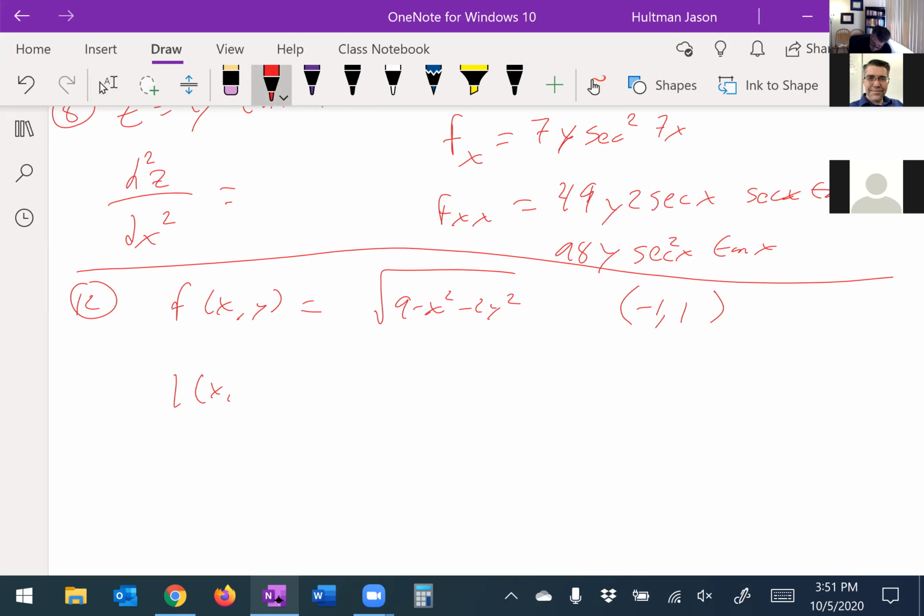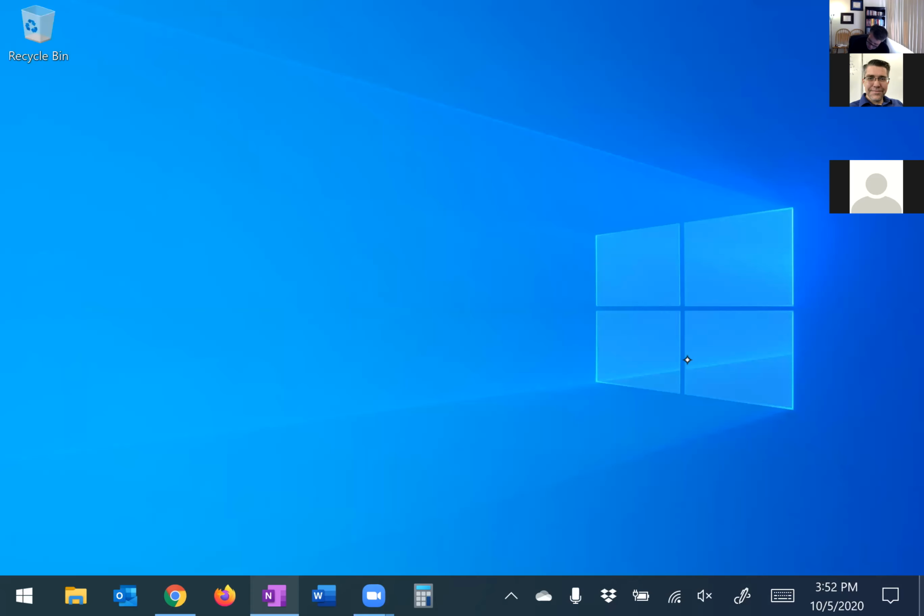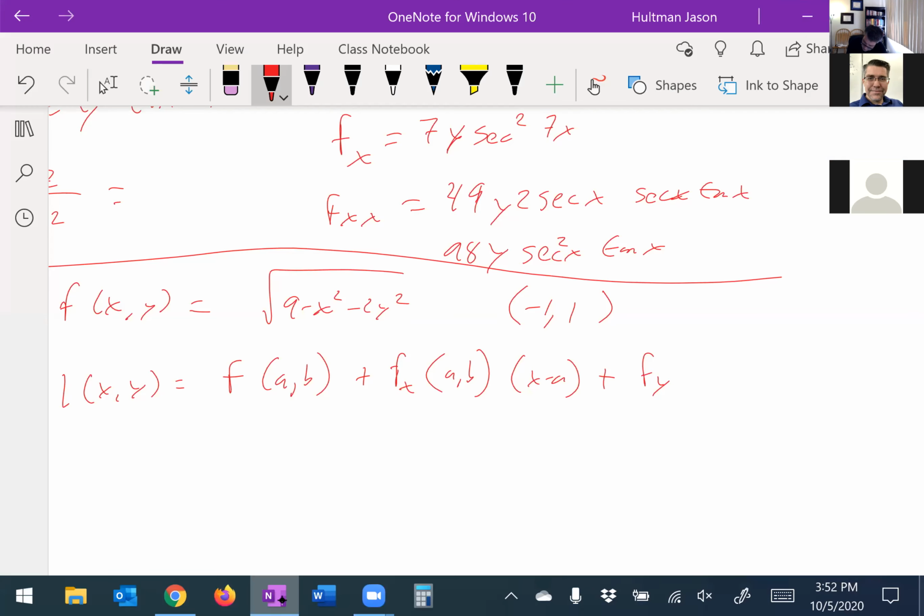L of x, y is equal to f of a, b plus f sub x evaluated at a, b times x minus a plus f sub y evaluated at a, b times y minus b.